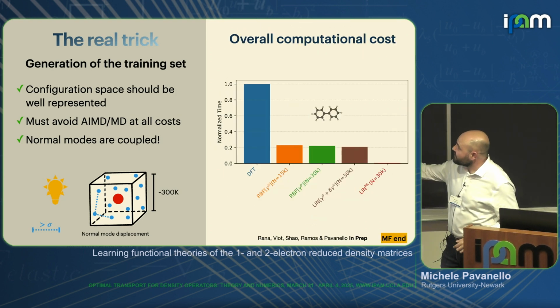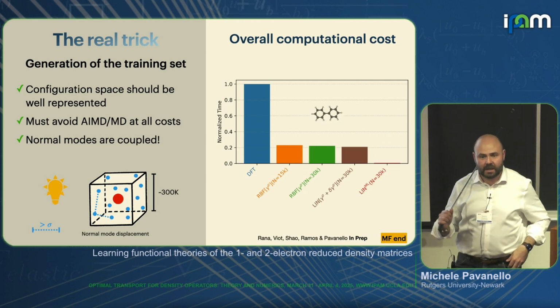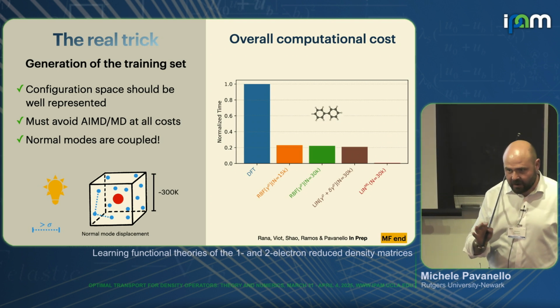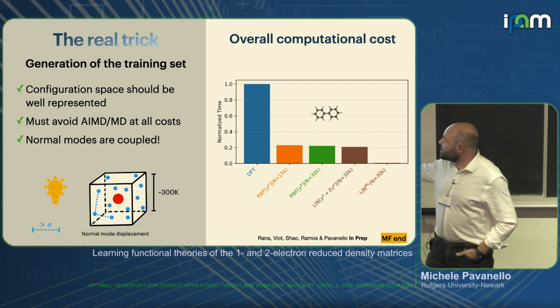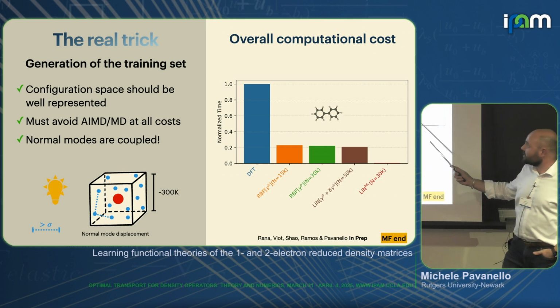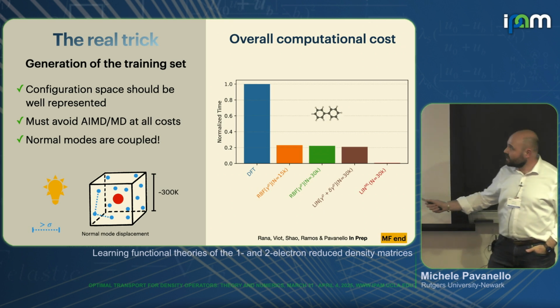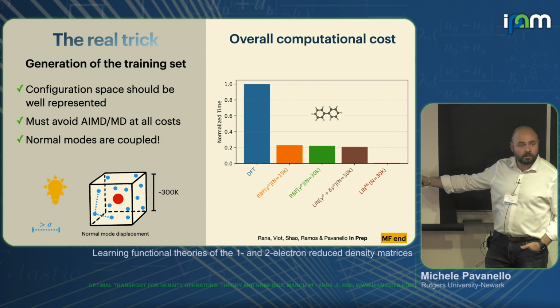And here is, for biphenyl, the computational cost. Everything I talked about so far has to do with DFT, yes? So if DFT costs 1 for this molecule, this machine learning method costs 0.2.